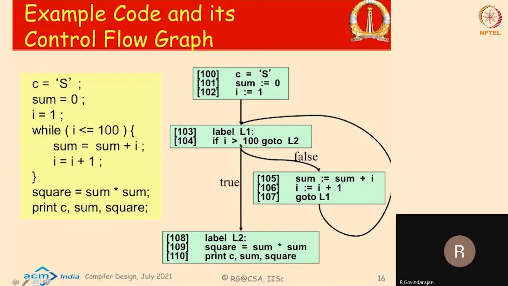If the condition is satisfied, then you go through this path and then repeat the while loop. If the condition is not satisfied, you go out here, and of course the condition has been reversed here. That is why you see the true and false on the other side. The while loop condition is I less than or equal to 0, whereas here we are checking I greater than 0. That's the only difference. So this is what is happening here.